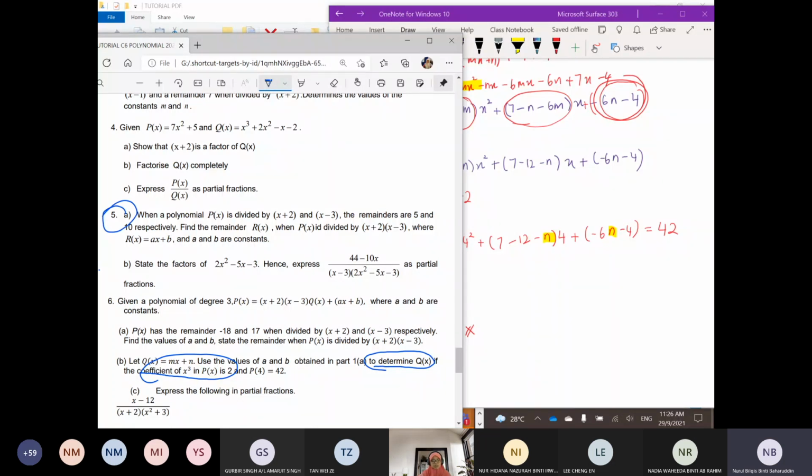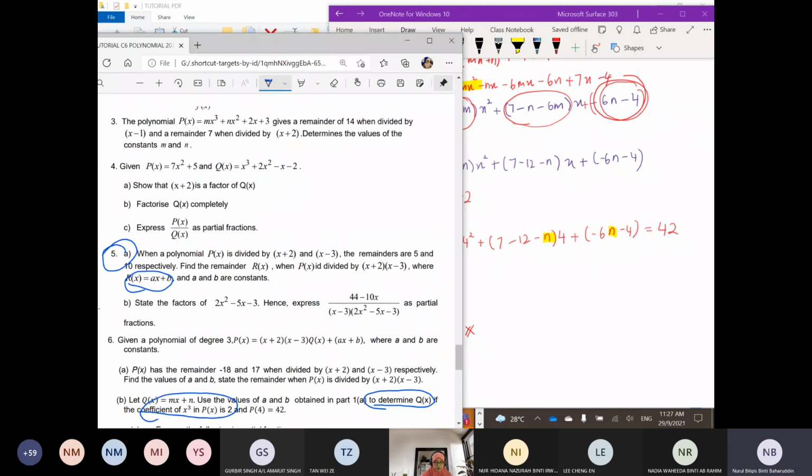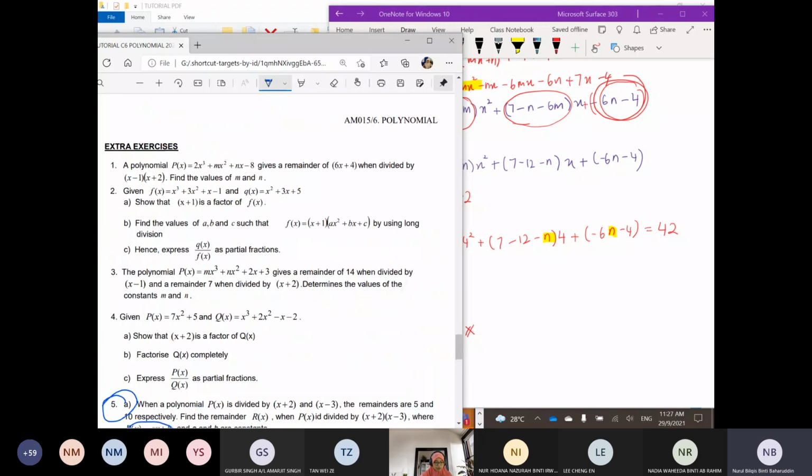Because here we have R(x) equals to Ax plus B, that means your divisor is quadratic. When the divisor is quadratic, I think it's on tutorial 4 or 5. So everything we already discussed. We have done discussing chapter 6 polynomial. So that's it.